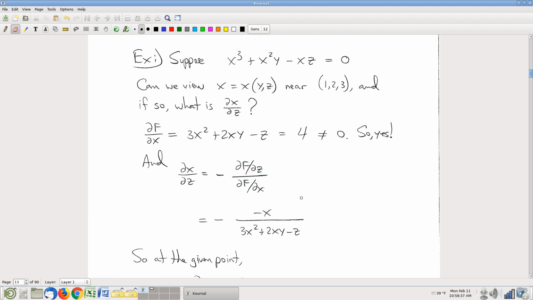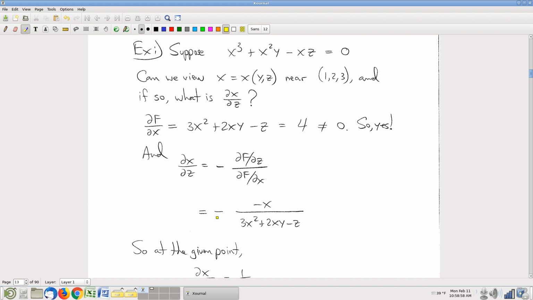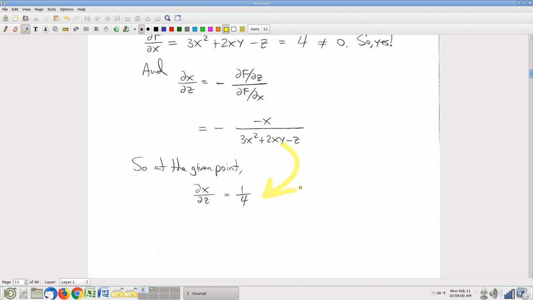Again, huge point: don't forget this minus sign. If you forget the minus sign, your work is indistinguishable from someone who has no earthly clue of what's going on here. And again, you can't have that, so please don't forget that minus sign. And then it's all arithmetic at this point. You plug in the given point, and there's your answer. Okay. All right.